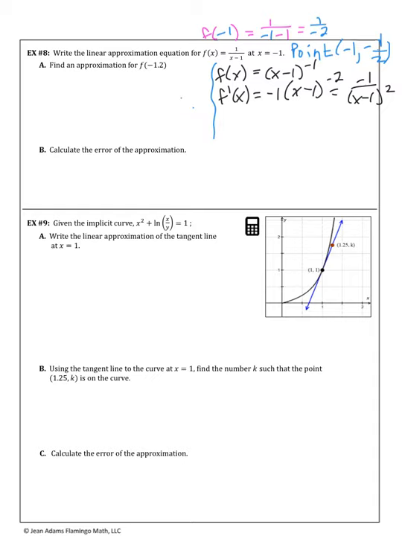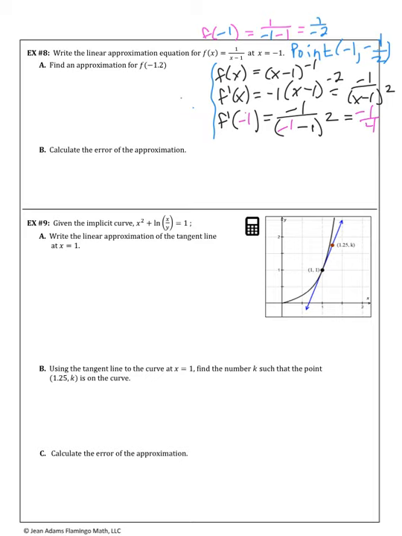Then I want to find f prime of -1 because that derivative is our slope. So I need to have the value of the slope, and we're doing it at -1. So we've got -1 over -1 minus 1, which is -2, squared is 4.